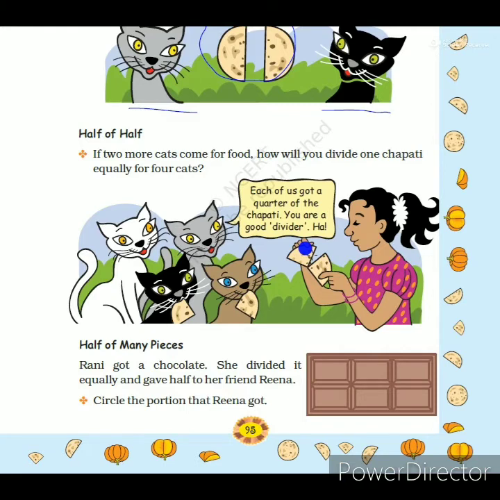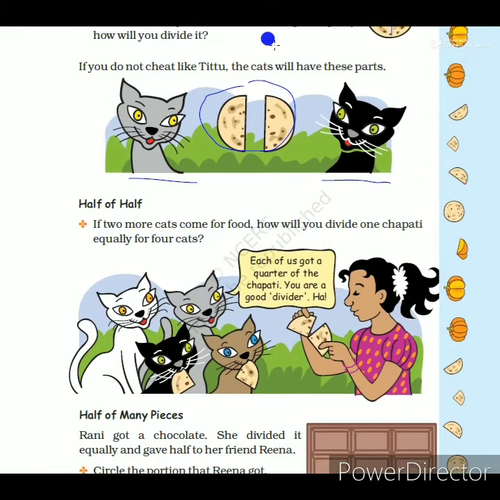That means again we have to divide each half into one more half. That means we have to find the half of half. That is the quarter part. Here, we know that if we divide one half, we will get the quarter or 1/4 part of the whole.